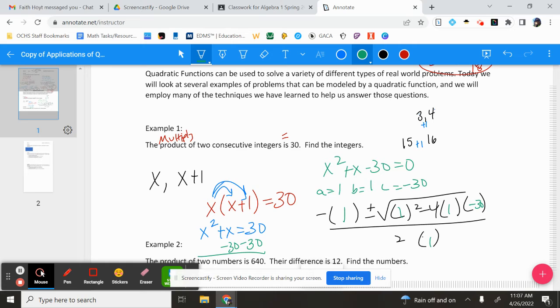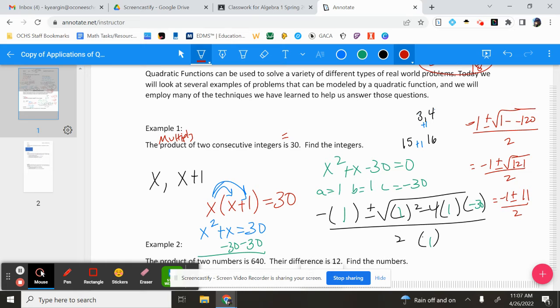And you can just put this into your calculator, or you would get negative 1 plus or minus the square root of 1 minus negative 120 all over 2. So negative 1 plus or minus the square root of 121 over 2, which gives me negative 1 plus or minus 11 over 2.